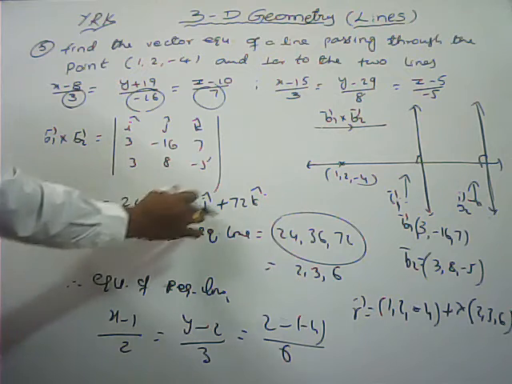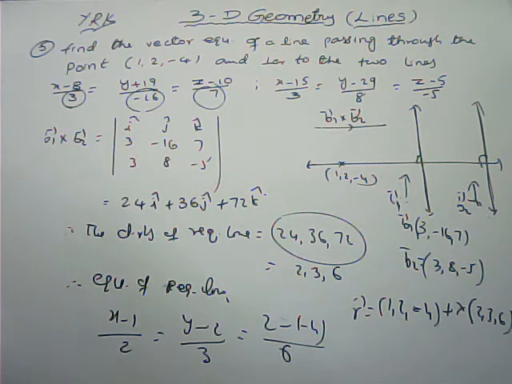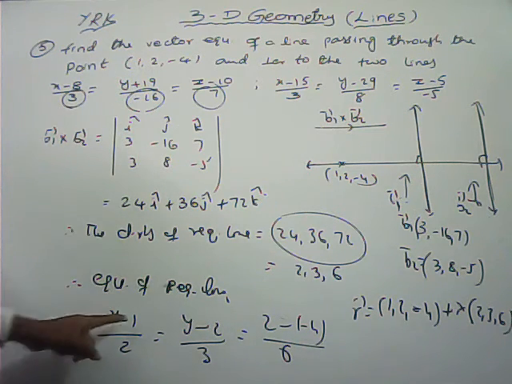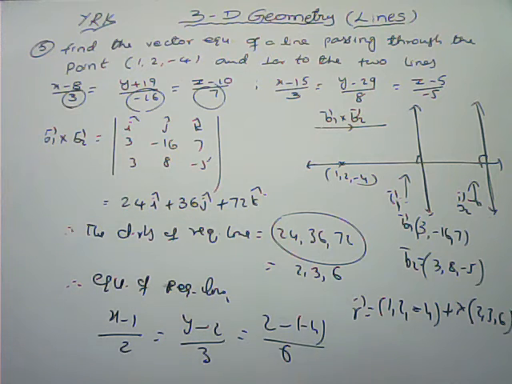We got 24, 36, 72. If any common factor is there, you can divide by it and write the simplest form. So once the parallel DRs are known and the line passes through the given point, we can write the equation of the line in symmetric and vector form.